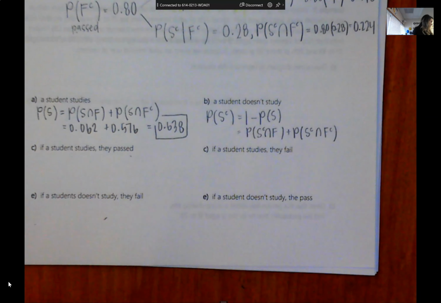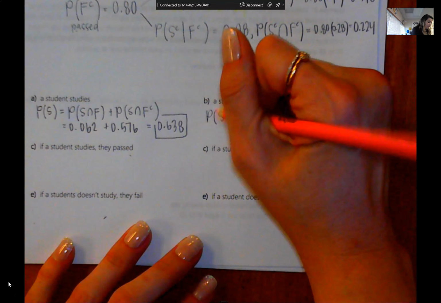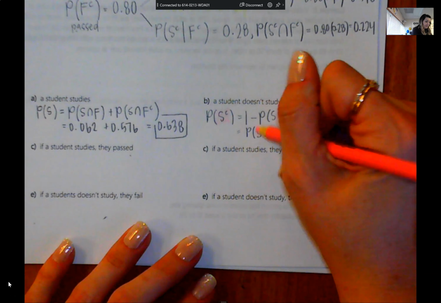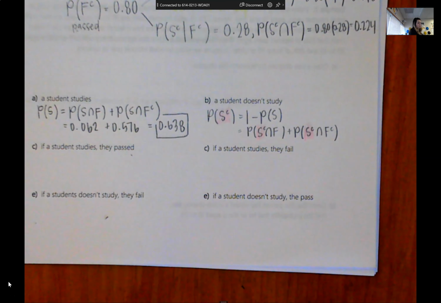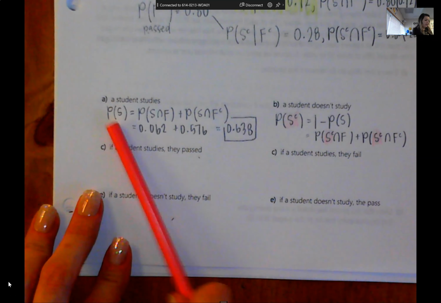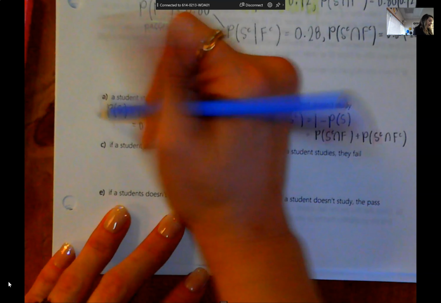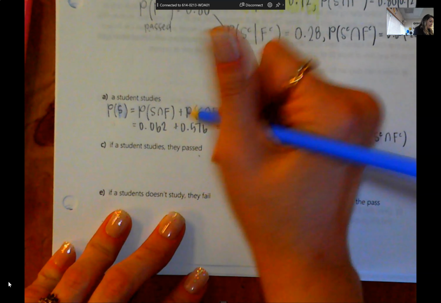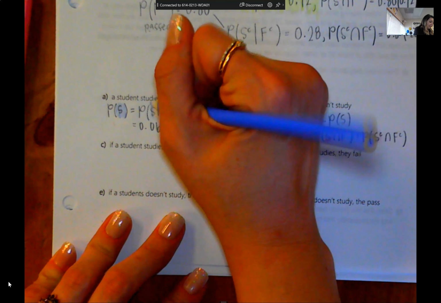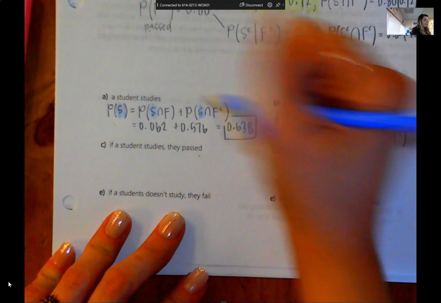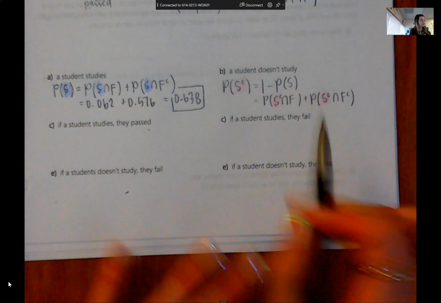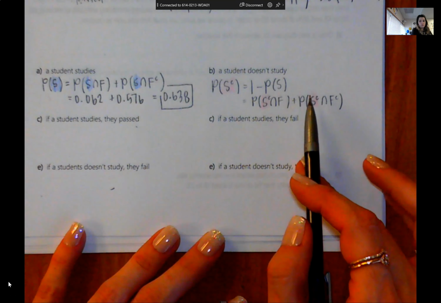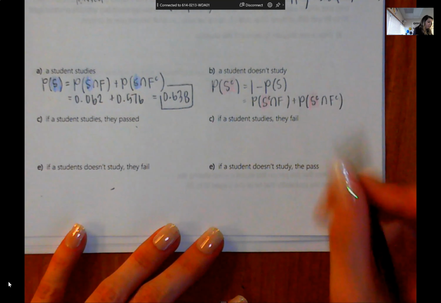You don't have to highlight that if you don't want to. But if they want you to find the P of S complement, you pull the intersections with S complement. And over here, if they want you to find the probability of studied, then you add the intersections with studied. Either way, if you do the complement or you add them, we end up at 0.362.